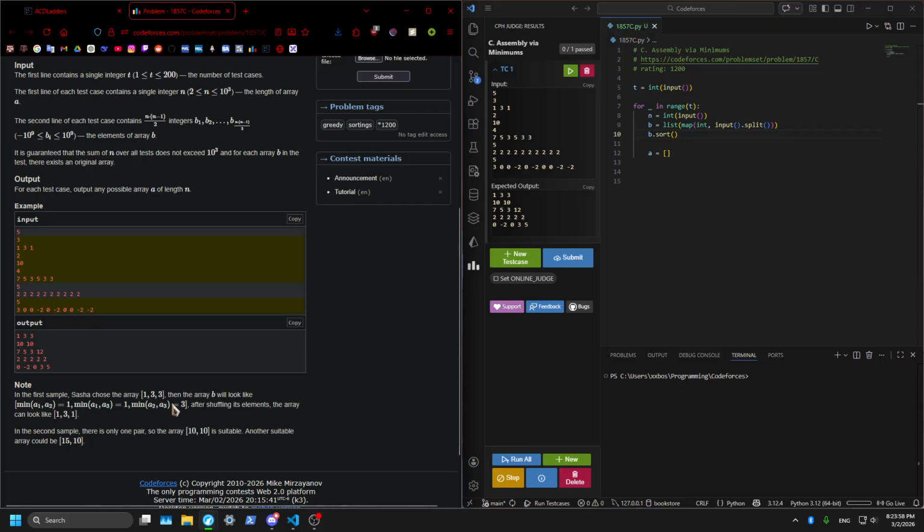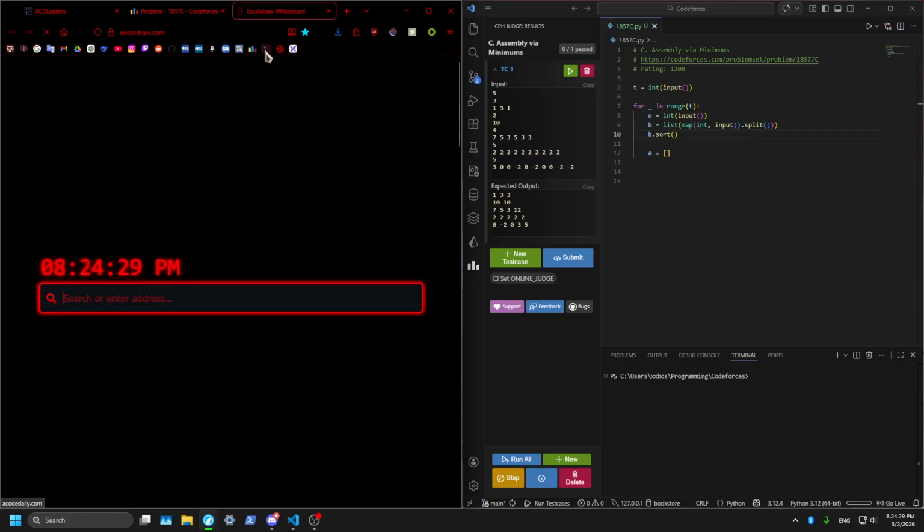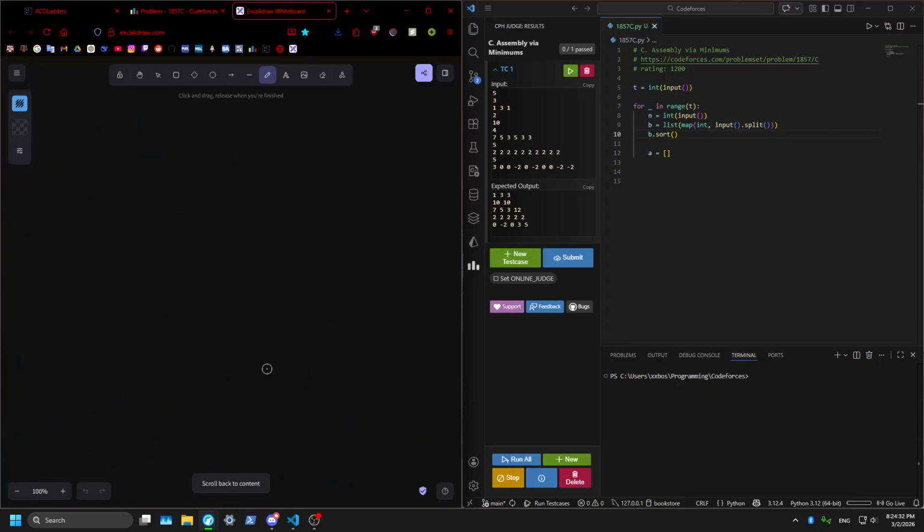So after sorting, what do we do? We're given B equals 1, 3, 1.